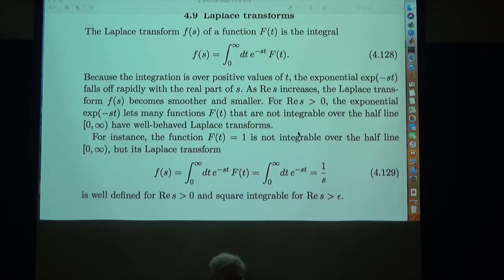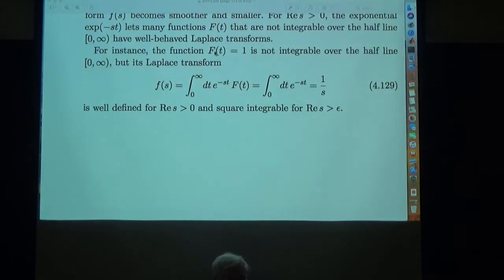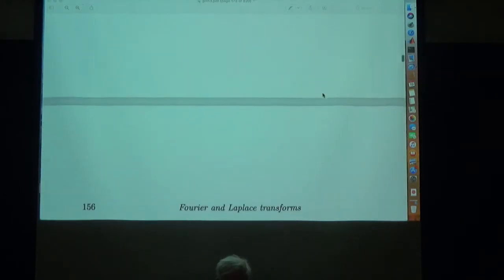The remarkable thing about the Laplace transform is if you write e to the minus st instead of e to the ist, you get better convergence, and you can have things that grow at large t, and you still are able to define the Laplace transform. For example, the function f equal to 1. Well, its Laplace transform is just the integral of e to the minus st. That's just 1 over s. So no problem. That's even square integrable for positive values of s.